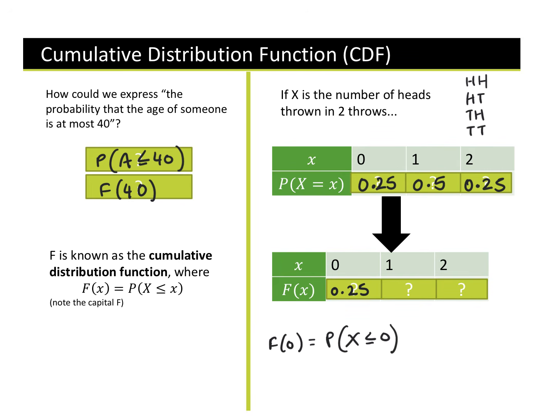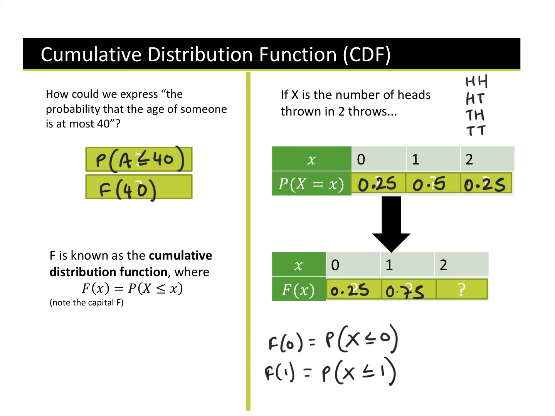So what's the probability that we have no heads? Our F of 1 is cumulative frequency, so 0.25 plus 0.5, 0.75. So our F of 1, that second one we worked out, is saying what is the probability of our outcomes being less than or equal to 1? So what's the probability of getting 1 head or less?